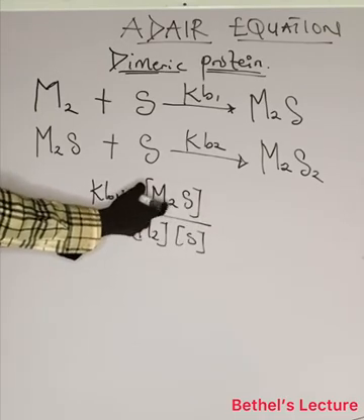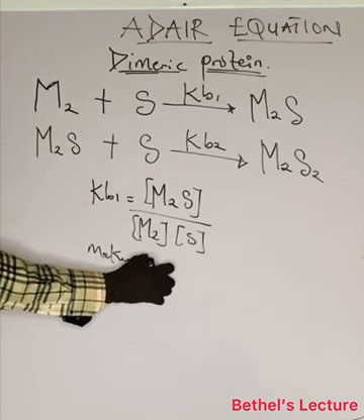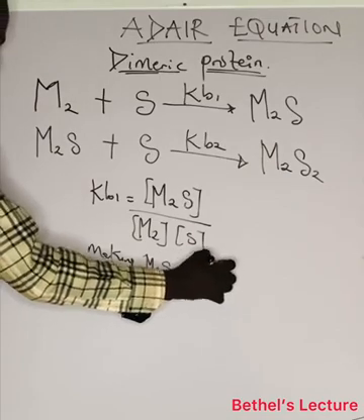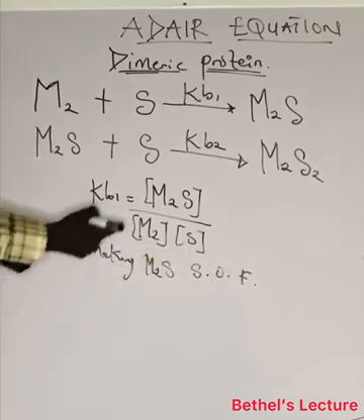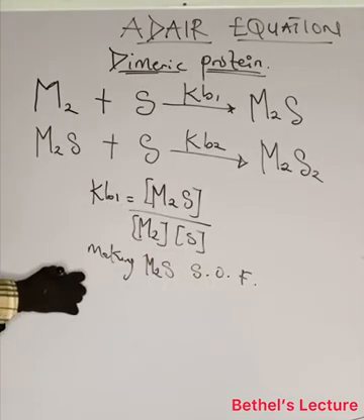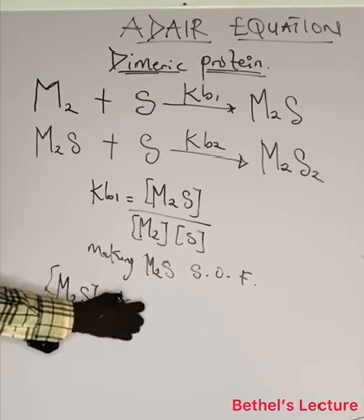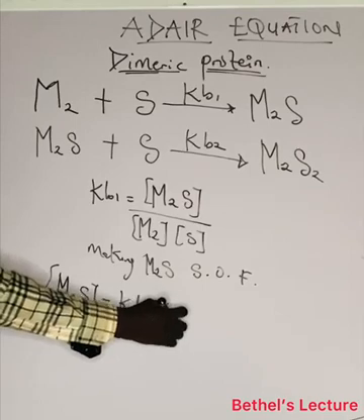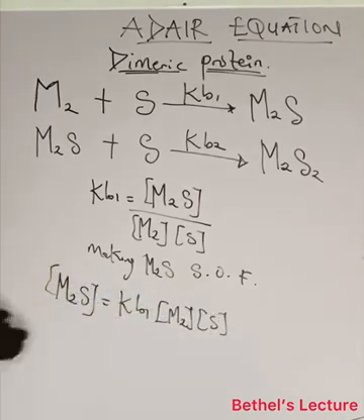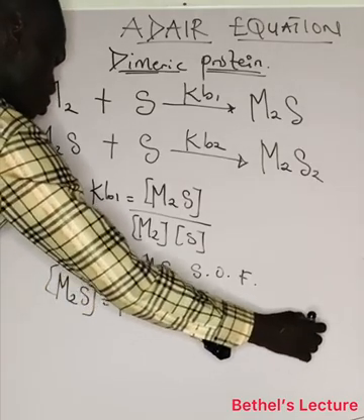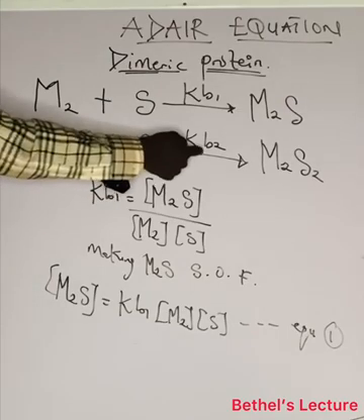So M2S is equal to KB1 times M2 times S. Let's label this equation 1. You see that?